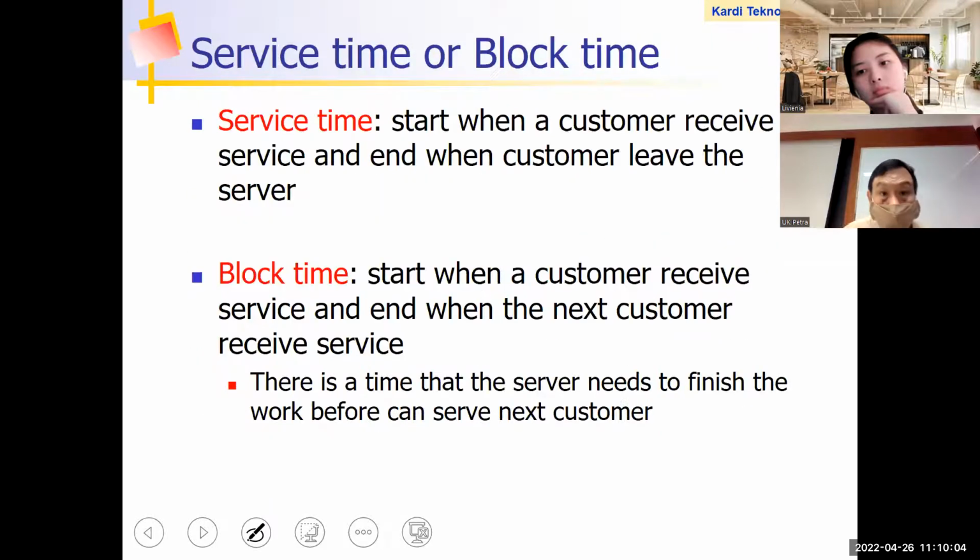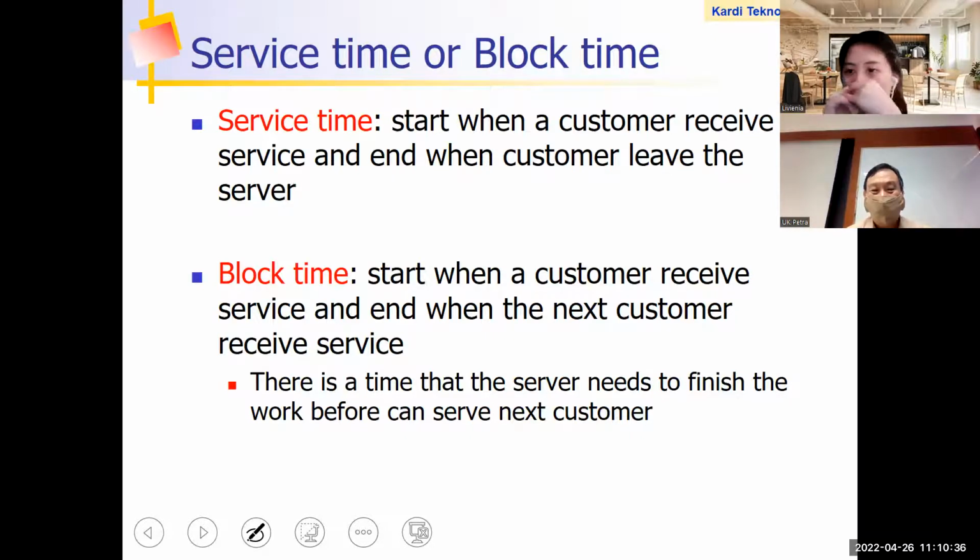Let's discuss service time and block time. What's the difference? Service time starts when the customer receives the service and ends when the customer leaves the server. Block time starts when the customer receives the service and ends when the next customer receives the service.